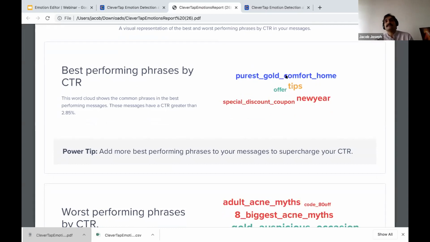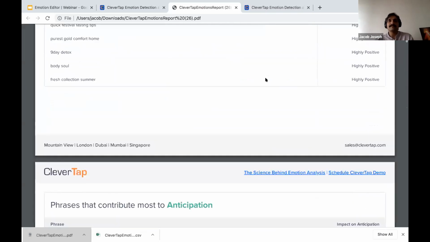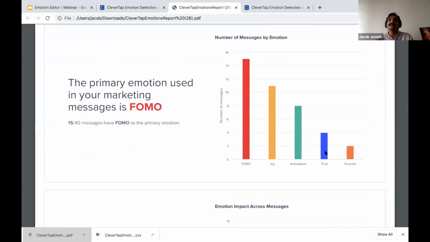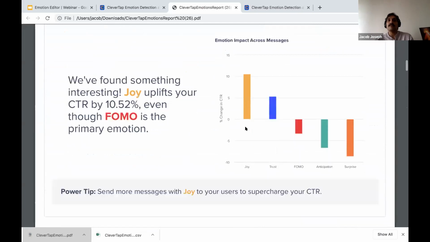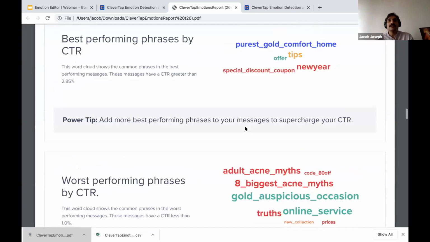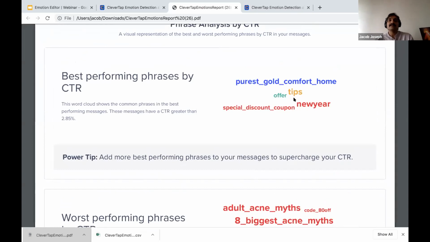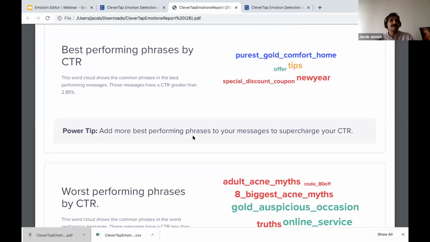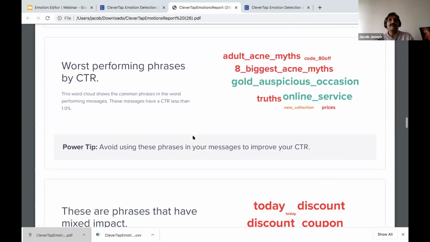And the color of these phrases shows the dominant emotion it has. So I think blue was trust, if I'm not mistaken. Yeah, blue is trust, red is FOMO. So this is FOMO, and the others are anticipation and joy, offers and tips. The worst performing are those which occur only in the bottom 25 percentile, arranged by CTR.